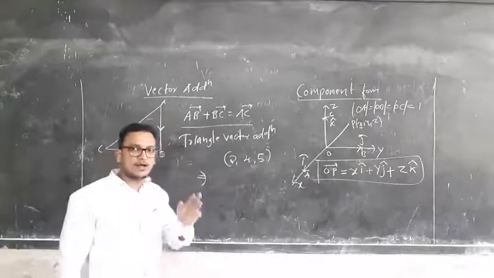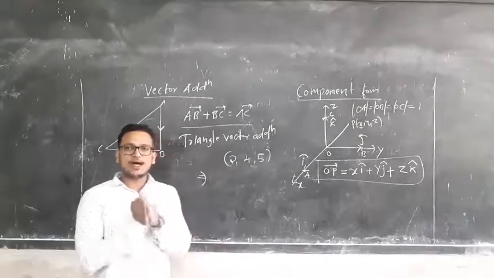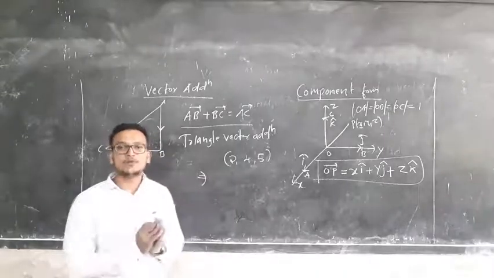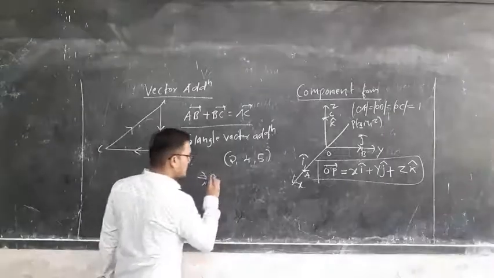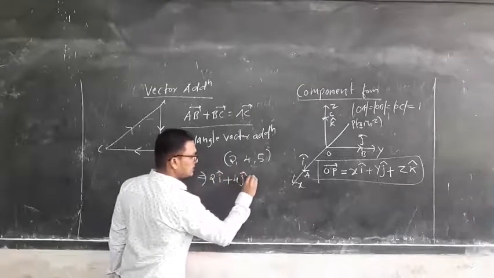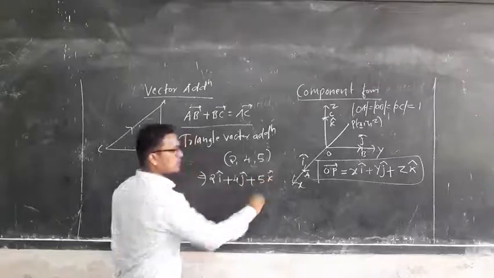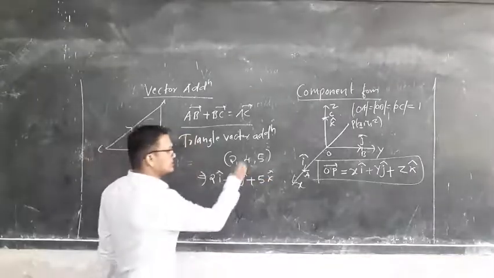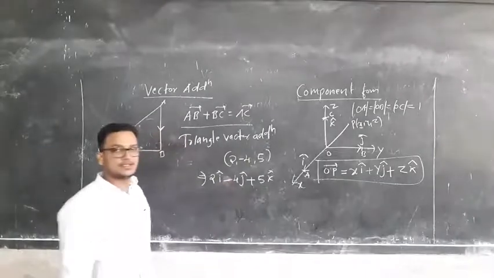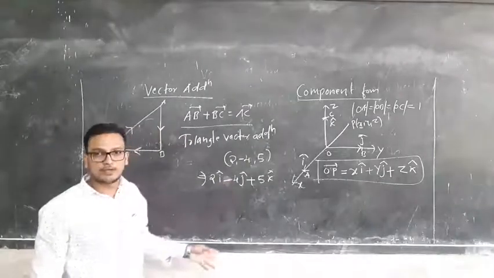Keep in mind, always write the x coordinate with i, the y coordinate with j, and the z coordinate with k. So this can be written as 2i plus 4j plus 5k. Suppose now it is minus 4, then you will write 2i minus 4j plus 5k.